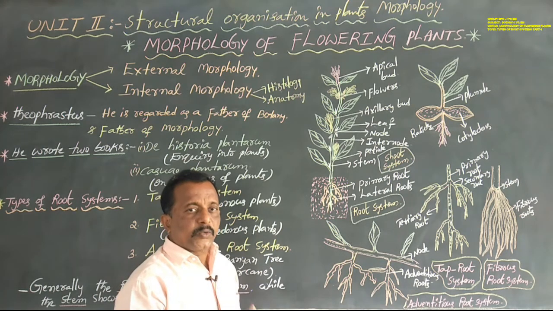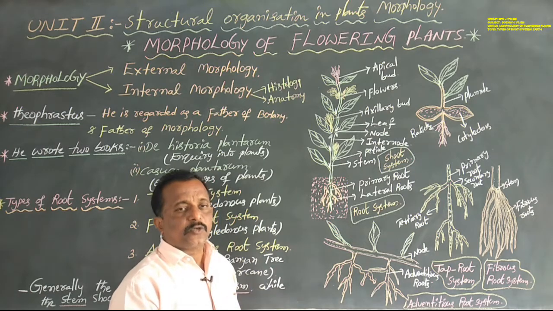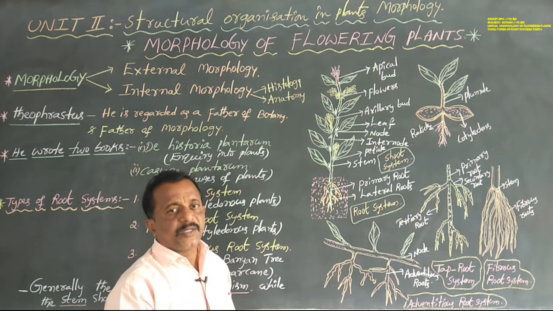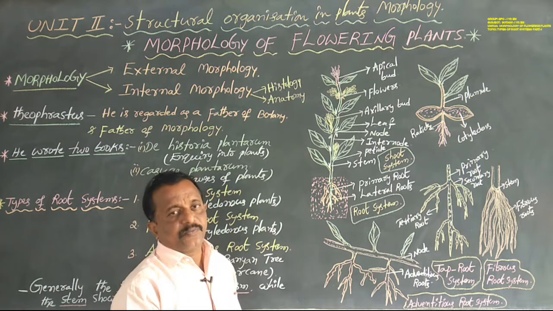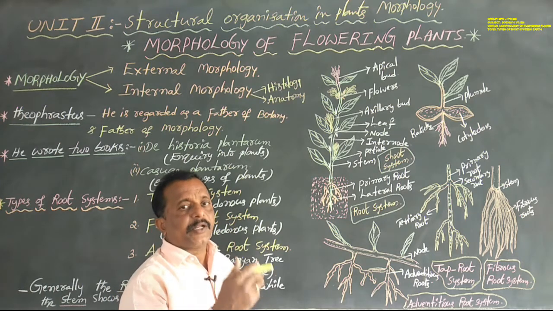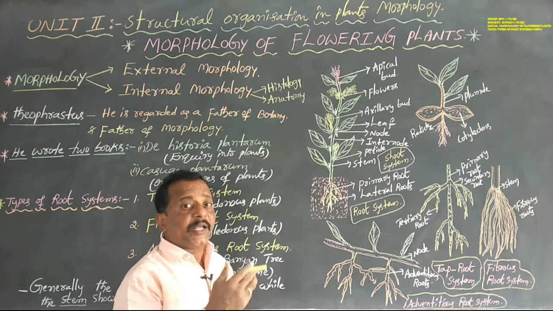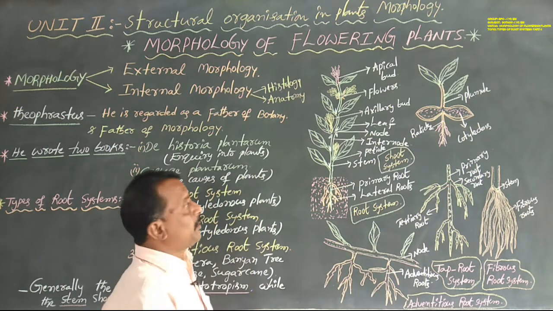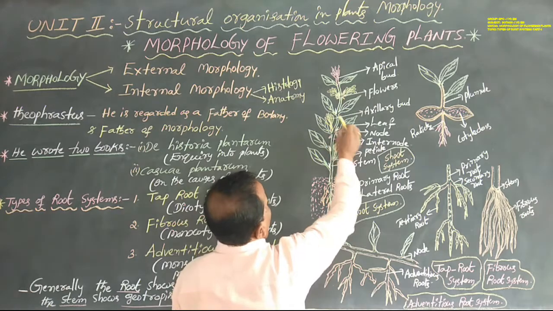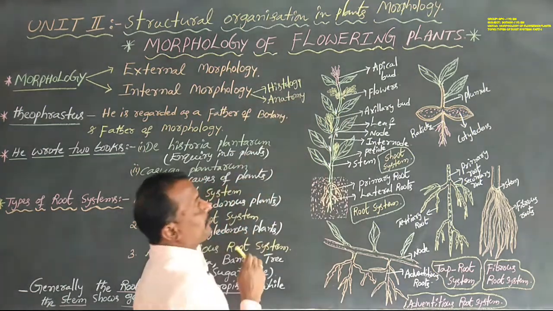A group of cells forms one group, that is named tissue. A group of cells are named as tissues. So different types of tissues present in the plant body, that is called histology.